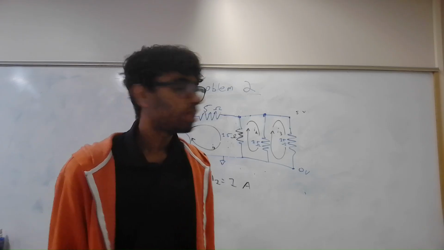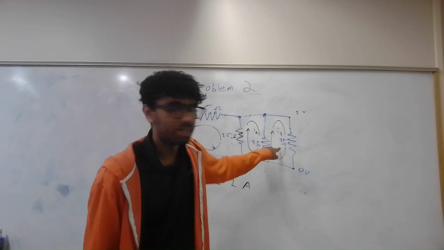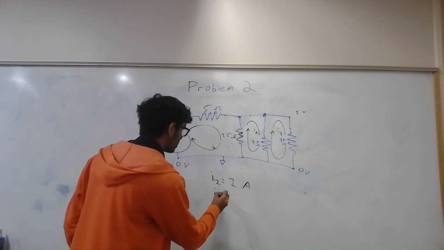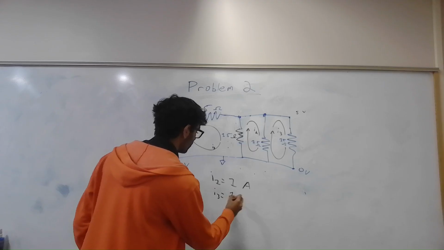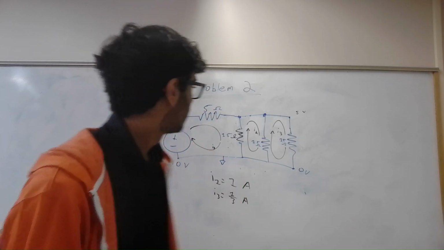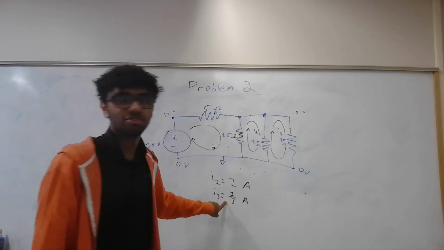The current that flows through this resistor, we also already calculated, is a third of an amp. So I3 equals 1/3 amps. And we are paying attention to the direction here. For example, if I drew this loop in the other direction, then this would be negative 1/3 amps.